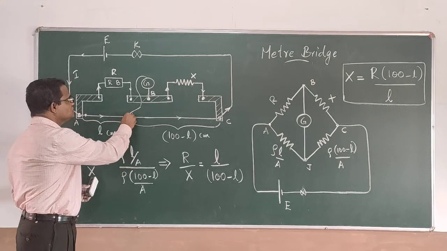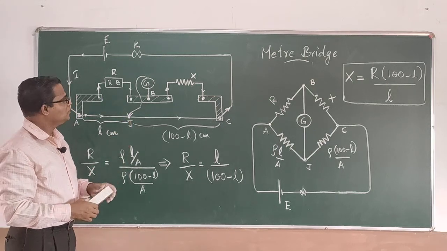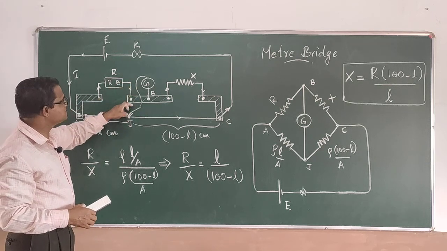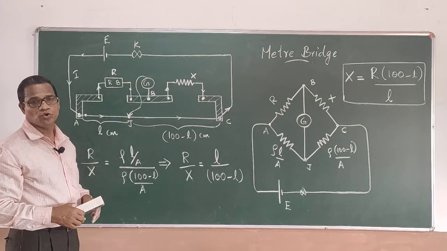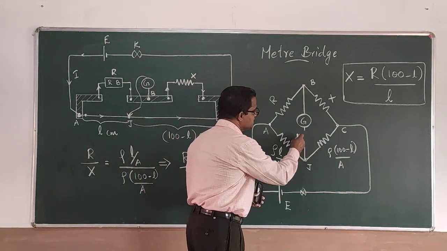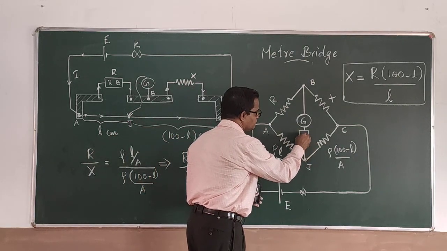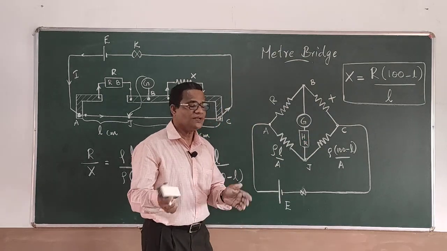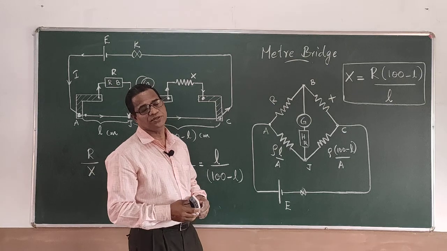Now, another question possible here is, what happens if we connect a high resistance in the path of the galvanometer? That means, when I connect a high resistance here, what will happen to the balancing condition?